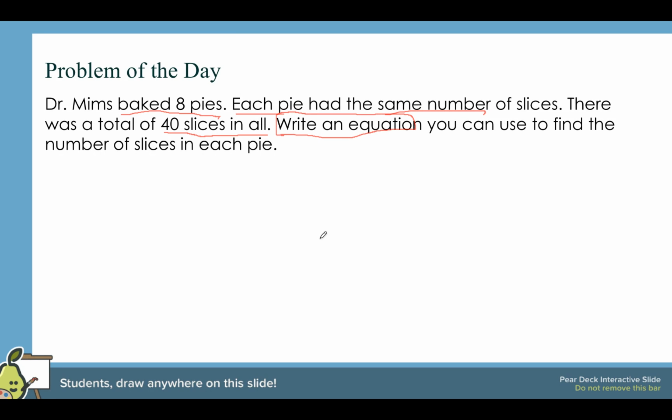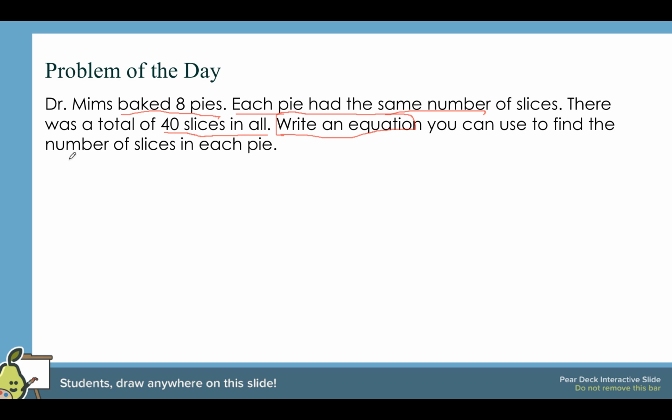So if it's saying in each pie, that means, okay, how many slices were in the first pie, how many slices was in the next pie, how many slices were in the third pie, and so on and so on. So we're still going to draw a picture because that will help us to write an equation for this. So if it says that Dr. Mims baked 8 pies, we need to draw 8 pies. So on your paper, draw 8 pies.